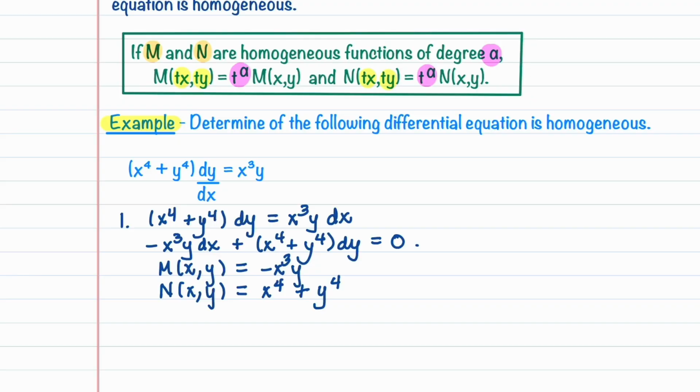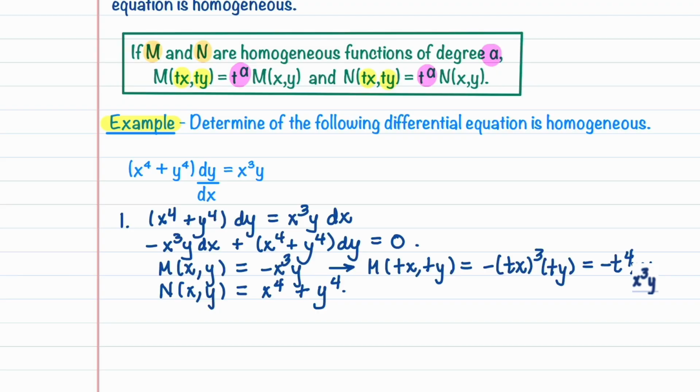Now we need to check if these two functions are homogeneous of the same degree. What we're going to do is let x and y be tx and ty. So we have M(tx, ty) equals minus (tx)^3 times ty, and that gives us minus t^4 x^3 y.